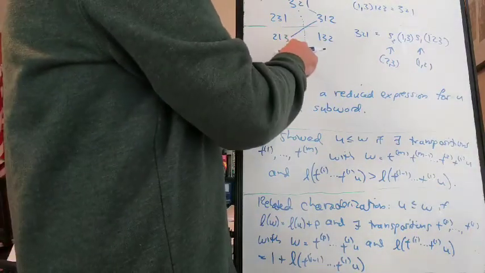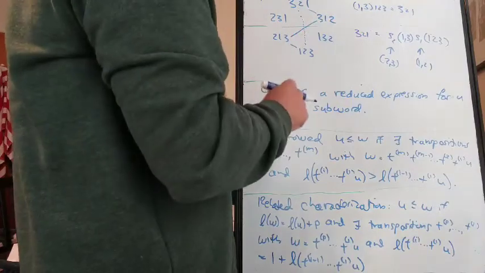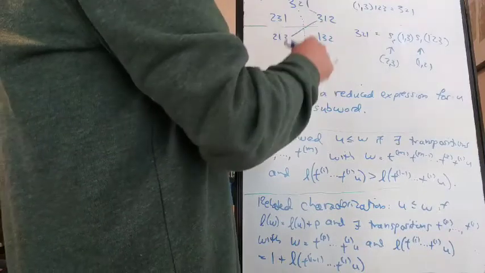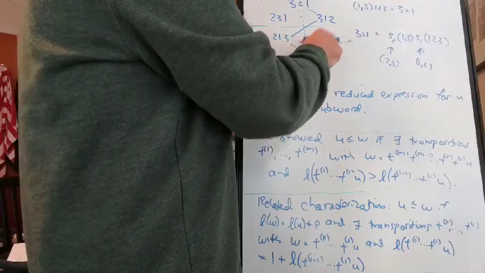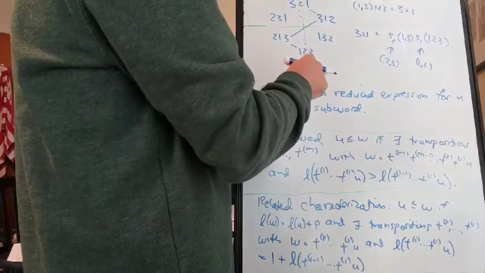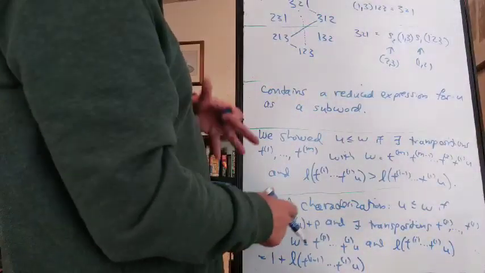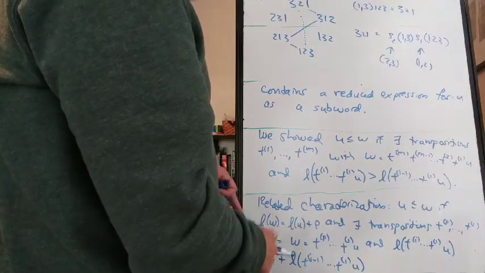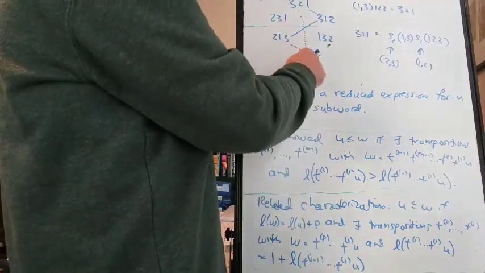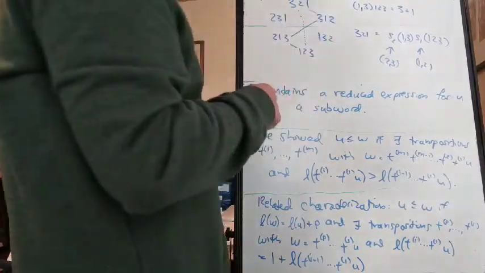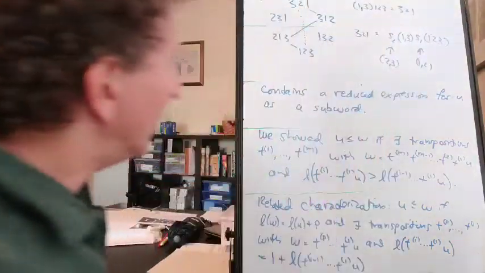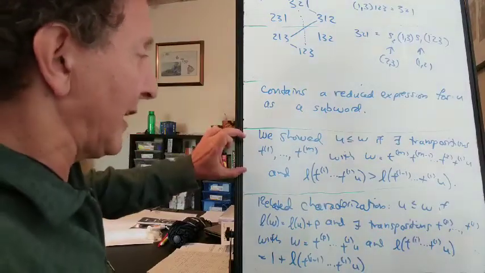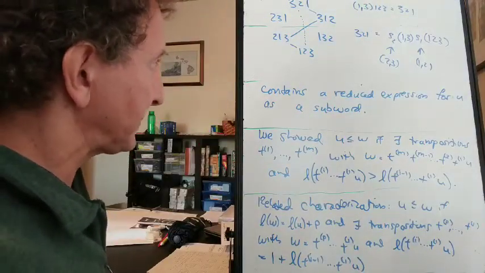Now, I suppose we could have gone all the way up the left or all the way up the right to use just S1, S2, etc. as our reflections, our transpositions. But this result says we don't necessarily need to use the adjacent transpositions. There are transpositions that make the length go up by exactly 1. Here we've got length 0, length 1, length 2, length 3. Alright, so this characterization is very much like that one, except the length goes up by exactly 1 each time.